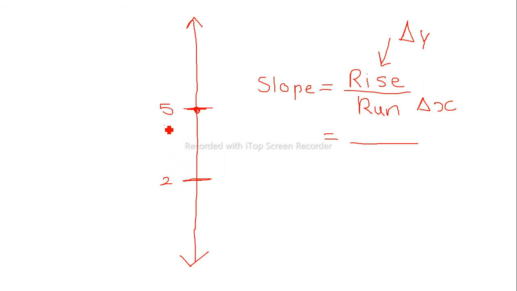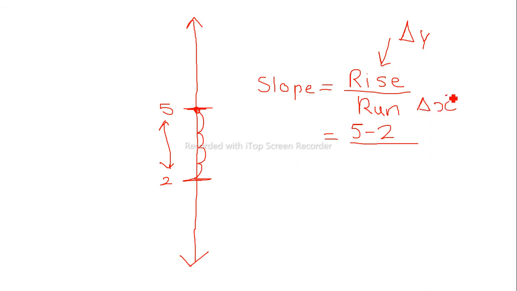We have a change in y, we moved from 5 to 2, so we can say 5 minus 2. But run means how much did it go across.